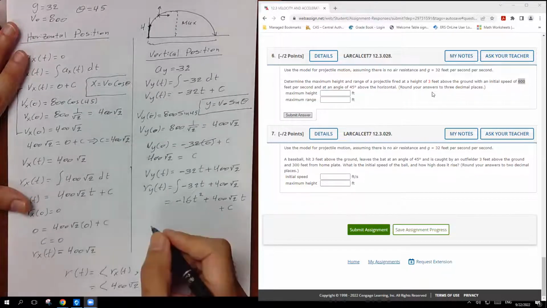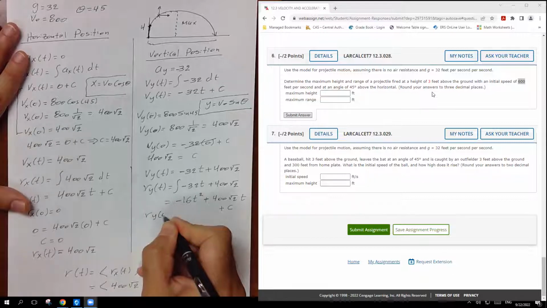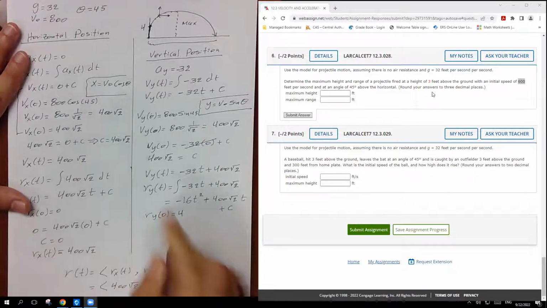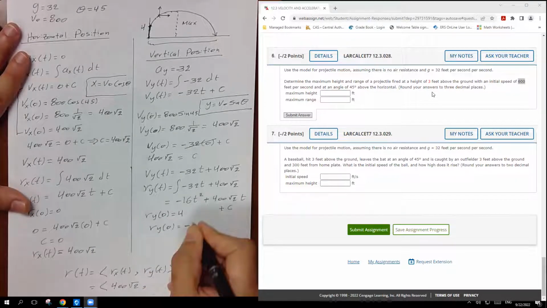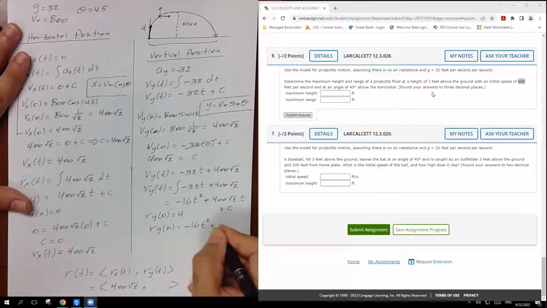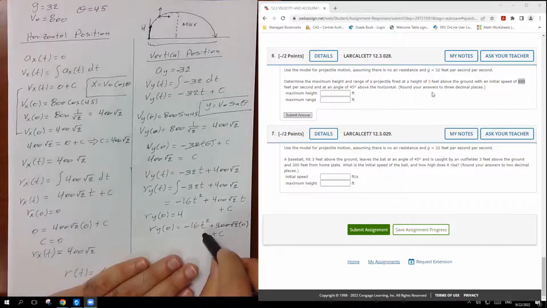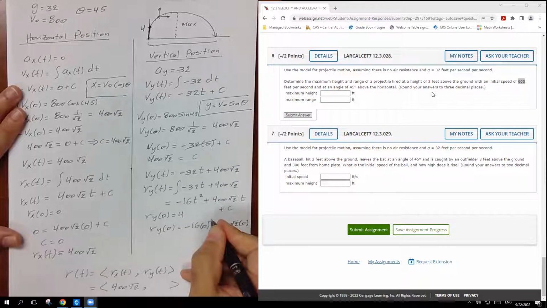So now that means our initial position with respect to y when t equals 0 is 4. I'm going to use this one. That means r sub y at 0 equals negative 16 t squared plus 400 square root of 2 times 0 plus c. This cancels, this is also 0.